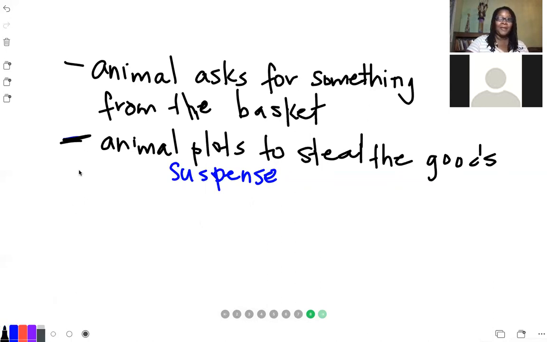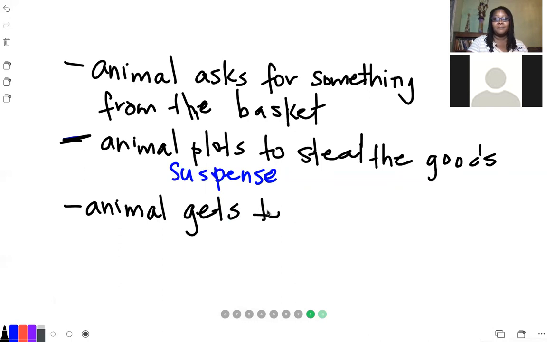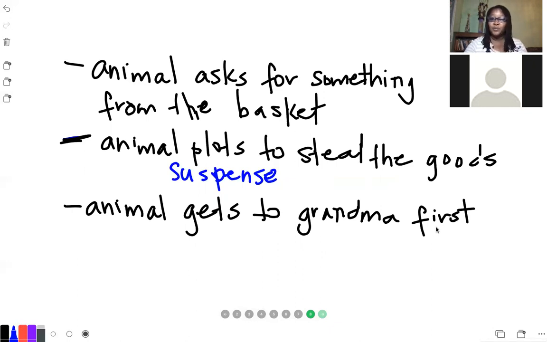Another point of suspense is the animal gets to grandma's first. And again, you are like, oh my goodness, what is going to happen here? What is he going to do with grandma?